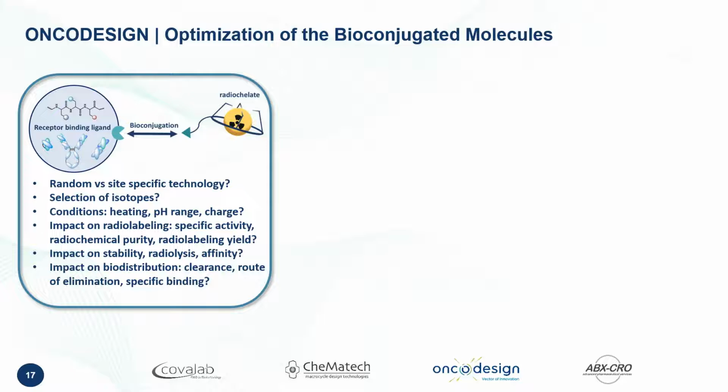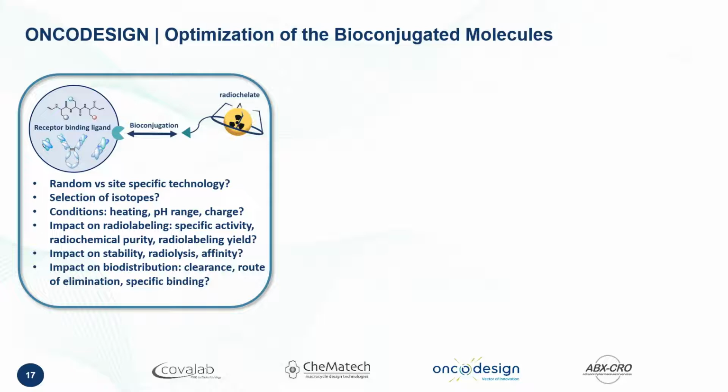If you're working on small molecules or antibodies, you may not be able to use the same conditions of bioconjugation. Then there is the impact on the radiolabeling: what specific activity you may reach, which radiochemical purity, radiolabeling yield. You have a lot of parameters that you may need to optimize in order to have a good compound at the end. And the impact on stability, radiolysis, affinity.